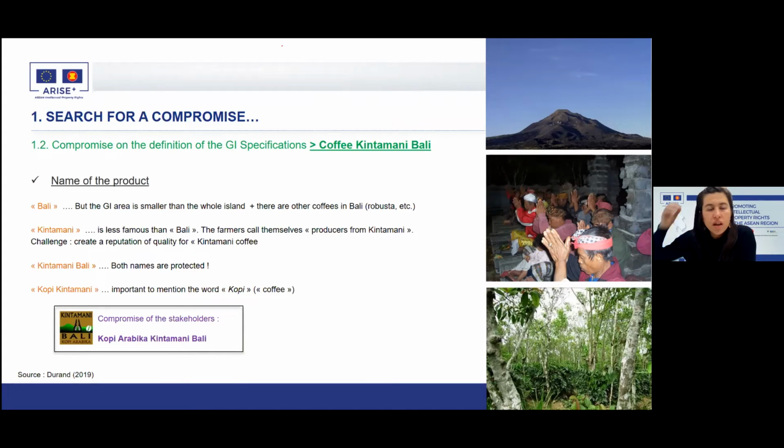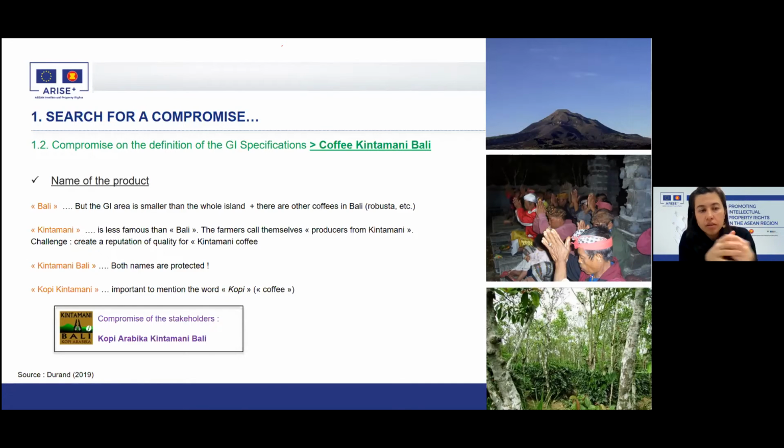People were most of the time using coffee Bali. Even if the coffee was coming from Kintamani, they would say, this is a real coffee Bali, but it was because it was from Kintamani. So it was not very easy to select Kintamani only.